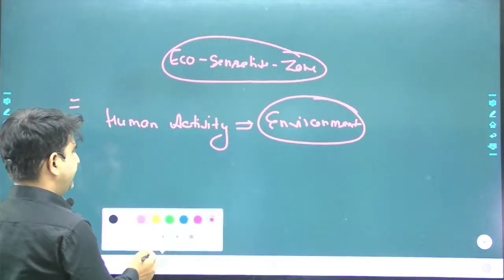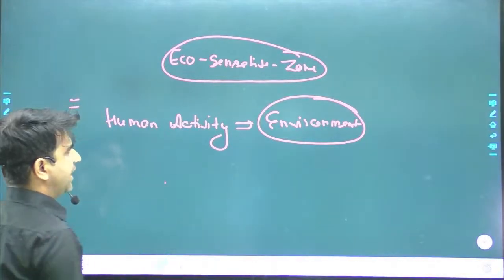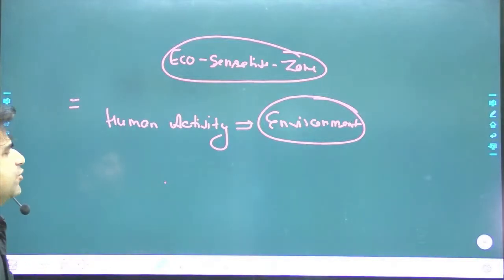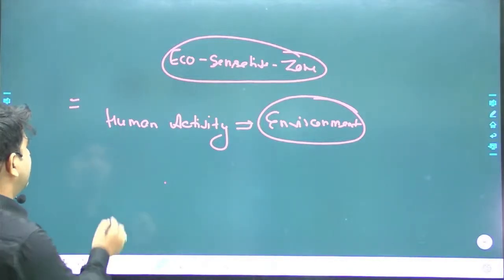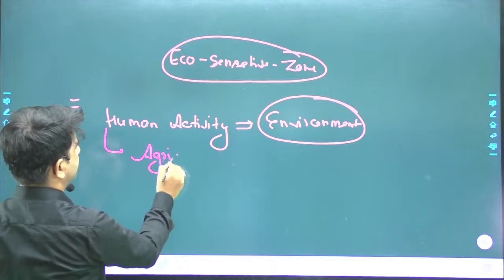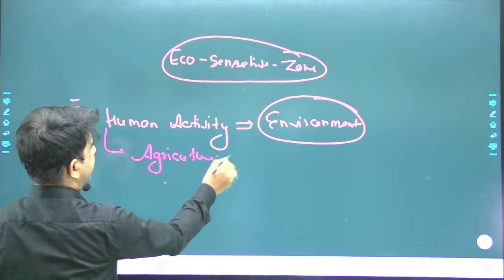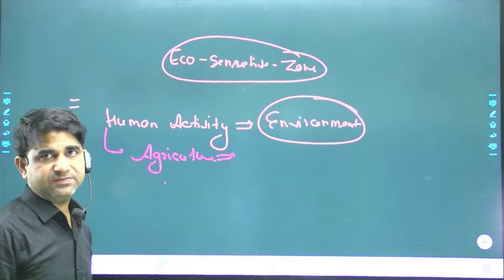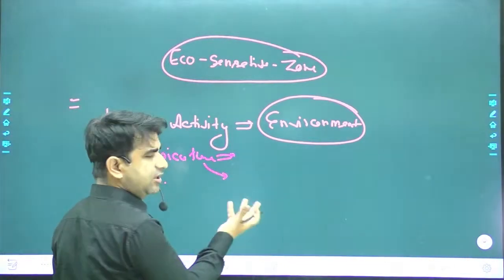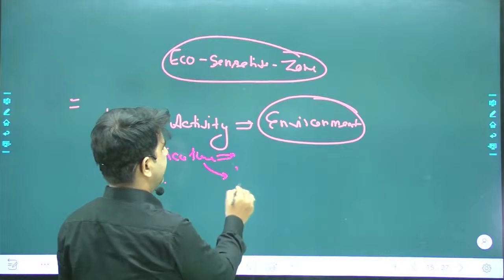Now we have to find the correct answer. All human activities have a huge impact on the environment, like agriculture. All agricultural activities need land.